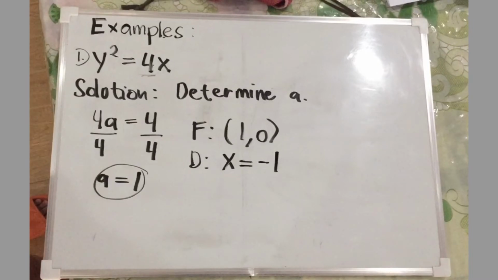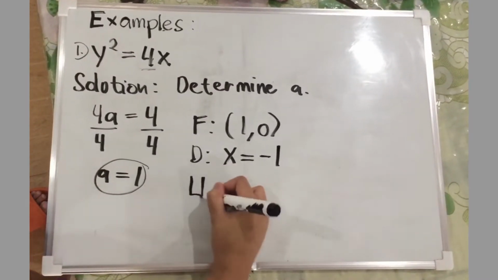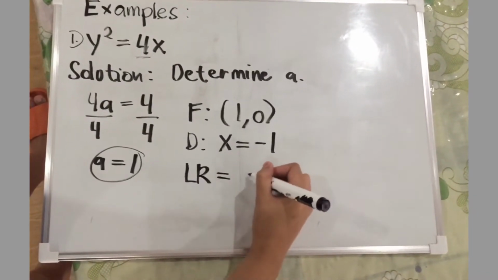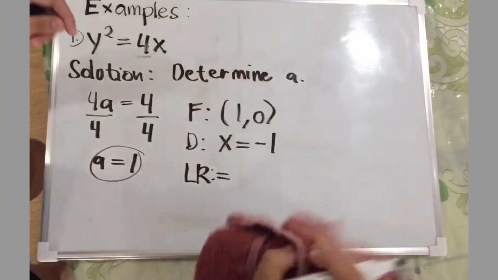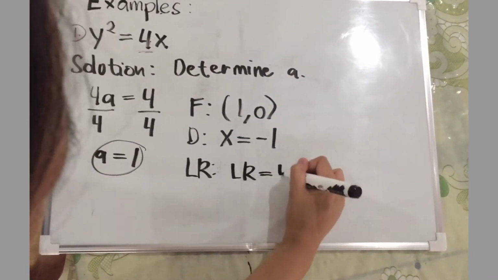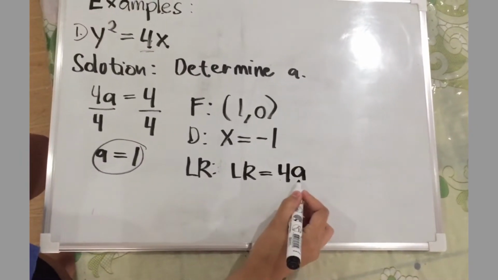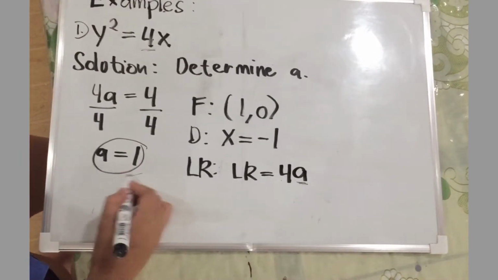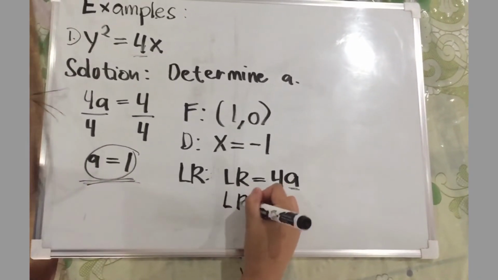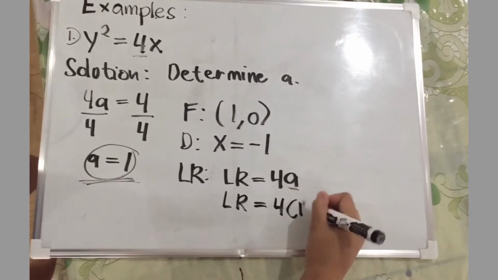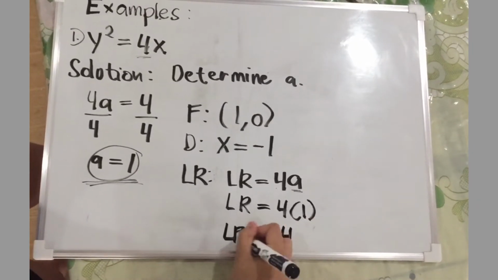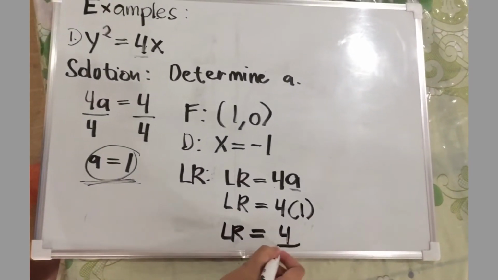So the length of the latus rectum, or LR, is from the definition LR is equal to 4A. So we have to substitute A is equal to 1. So LR is equal to 4 times 1. So the answer is 4. So the length of the latus rectum is 4.